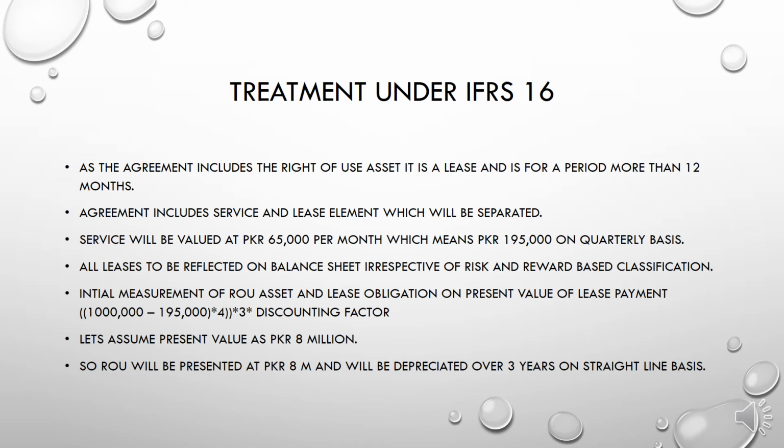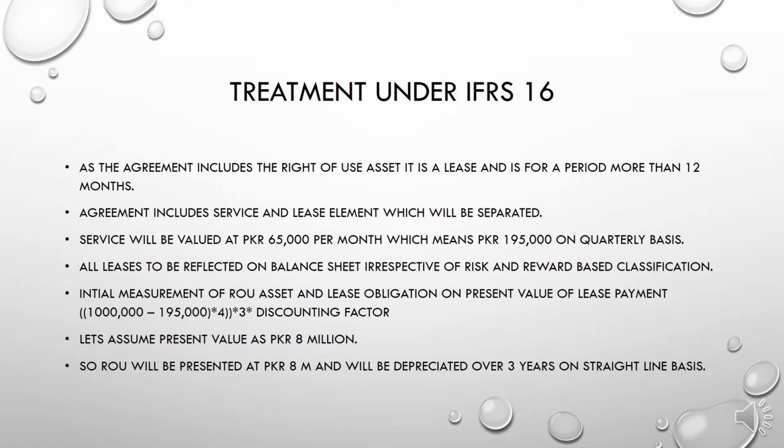Services will be valued at the standalone price of 65,000 per month. So on a quarterly basis, it means 195,000. All leases are required to be reflected on the balance sheet of the lessee. Initial measurement of the right of use asset and lease obligation will be at the present value of the lease payments involved in the contract.